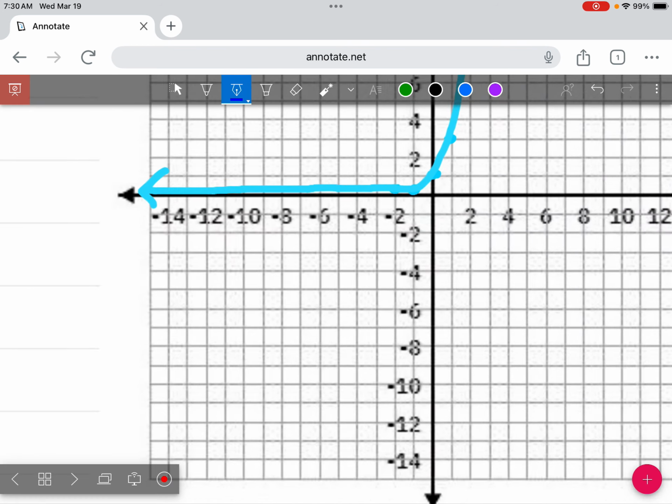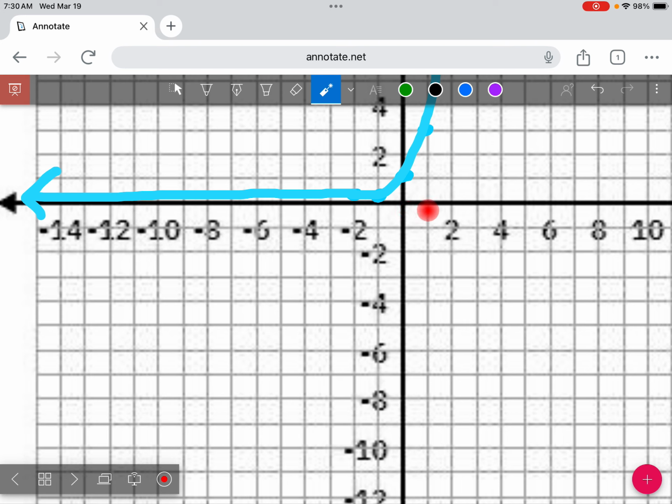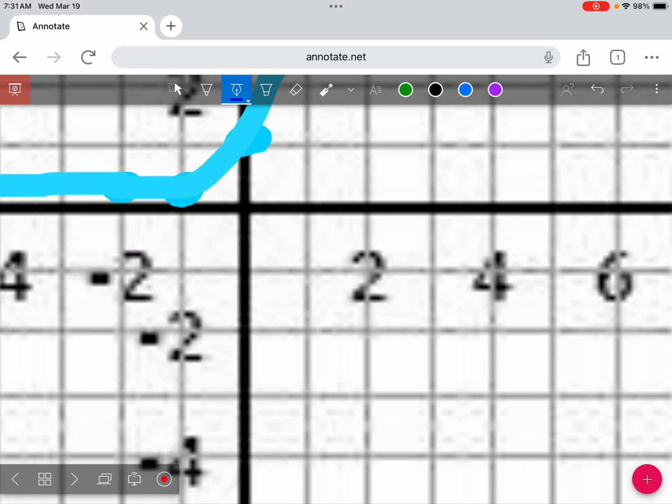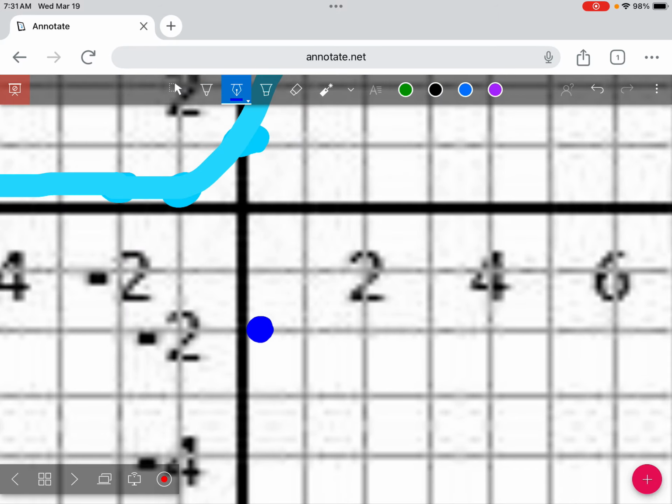So when we plot this up, we're going to be real careful because I have 3 points in this little gap right here. When my x is 1/9, that's just barely past my y-axis, and we have a y value of -2. So we have a point right here.